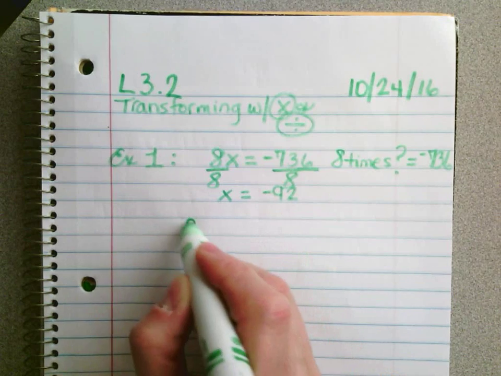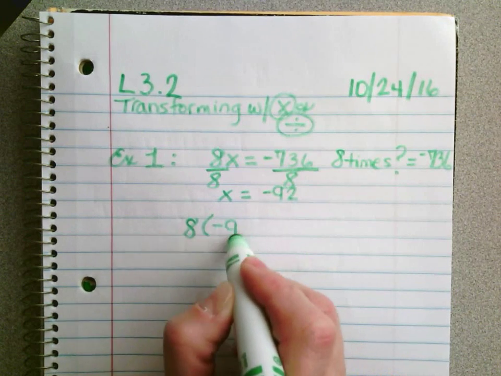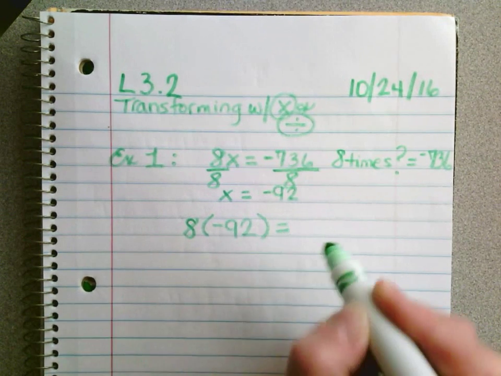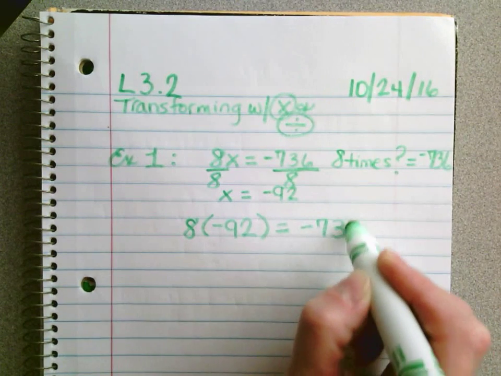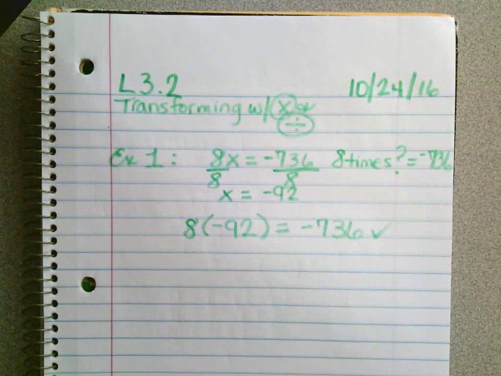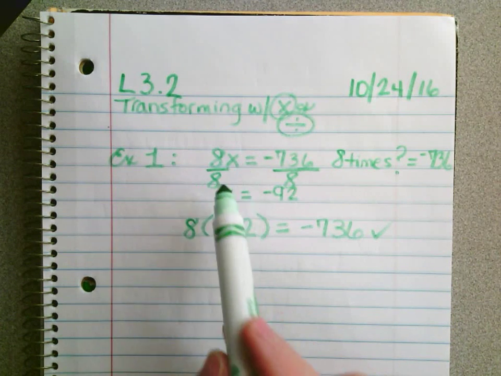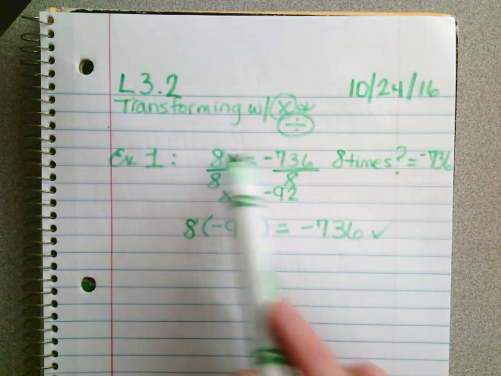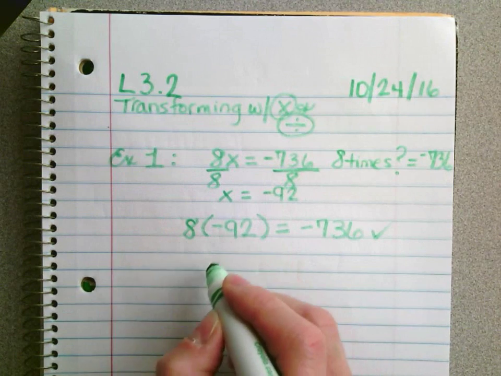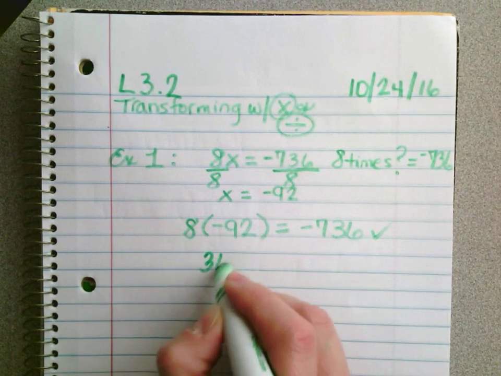To check it, 8 multiplied by negative 92 had better equal negative 736. And if you throw that in your calculator and you do find out that it does equal negative 736, you're okay. Remember that it doesn't matter if the items being multiplied are on the right or on the left.